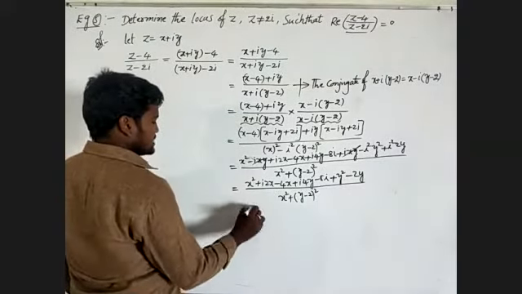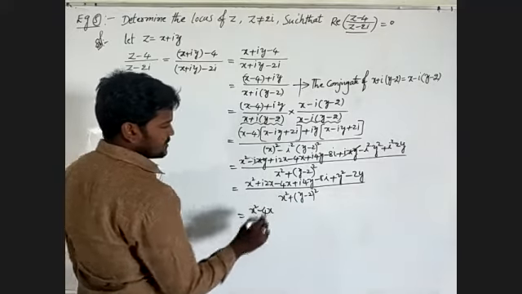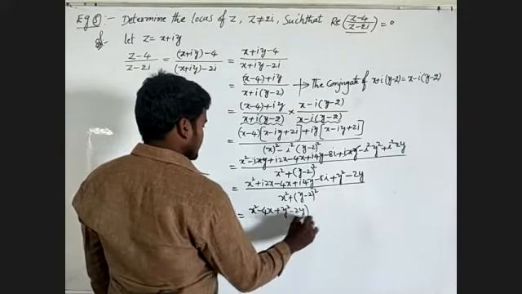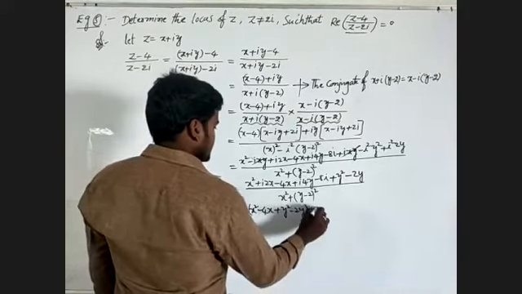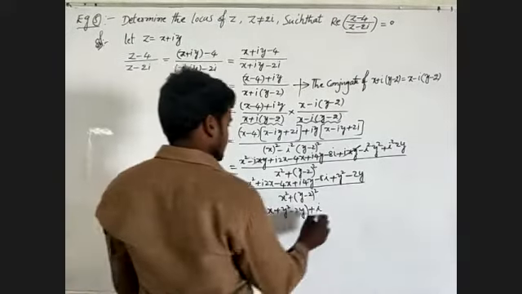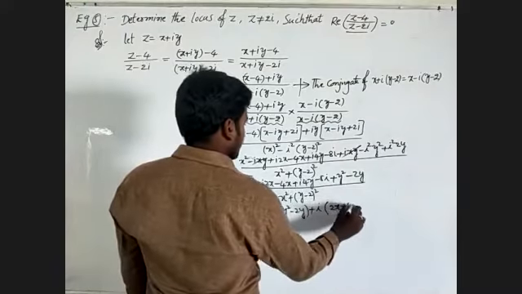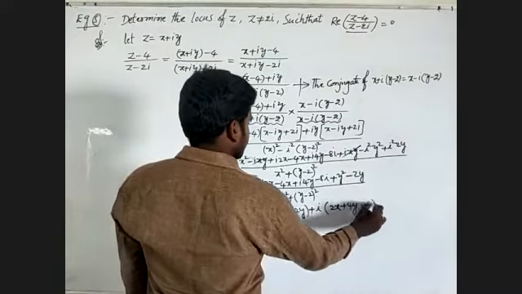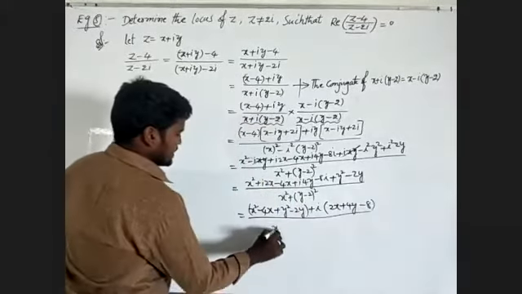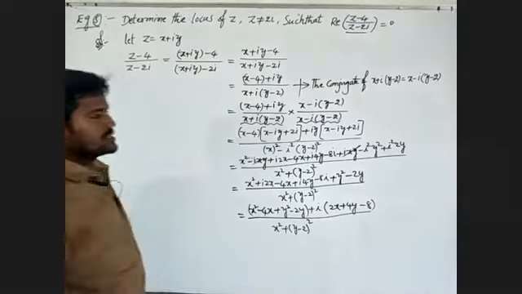The real part is x square minus 4x plus y square minus 2y, and the imaginary part is i into 2x plus 4y minus 8, by the denominator x square plus (y minus 2) whole square.